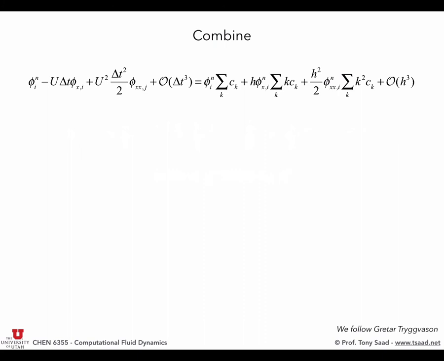Okay, so now we're going to combine the two, and to assure order of accuracy, we want to equate all the terms. So we want to make sure that the first term, this sum c_k, is equal, because these guys are equal, right? And if they're equal for arbitrary values of phi and delta x, then the coefficients need to be equal. So therefore, the coefficient of phi_i^n needs to be equal. So this is 1 and this is sum c_k. So sum c_k equals 1.